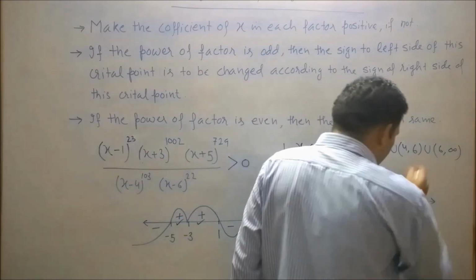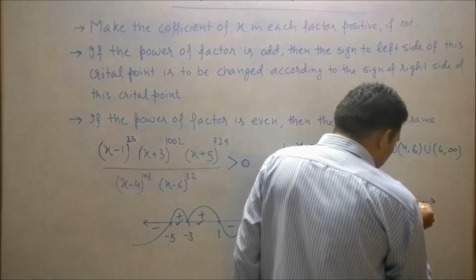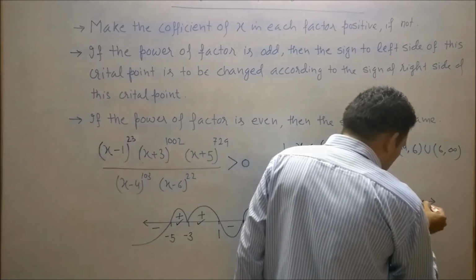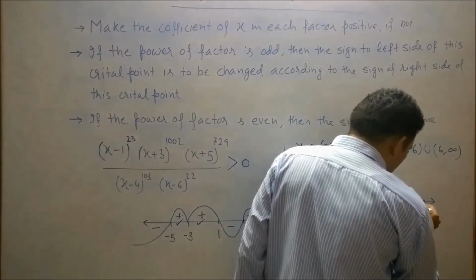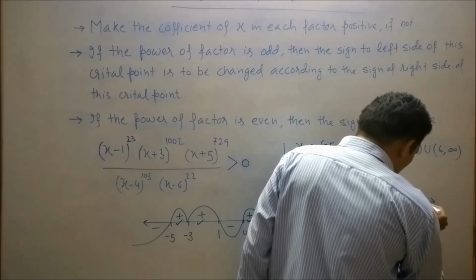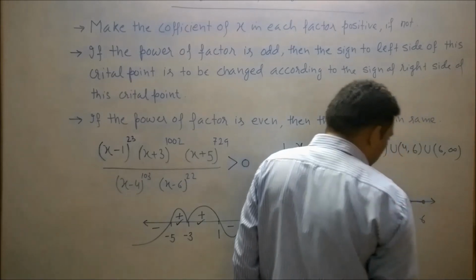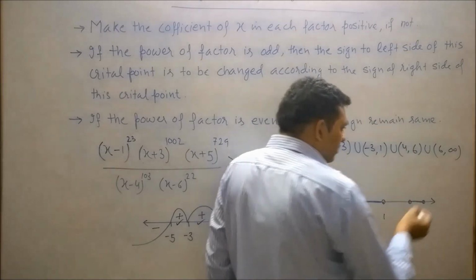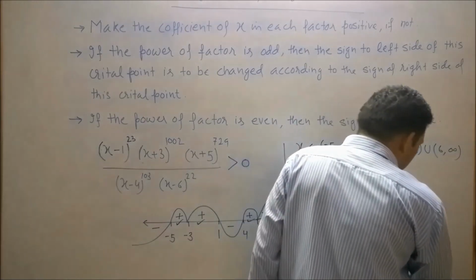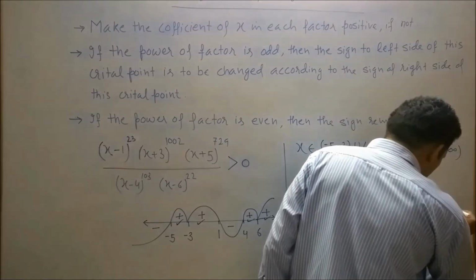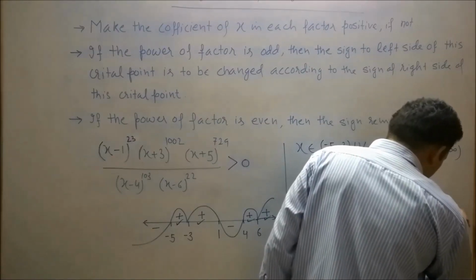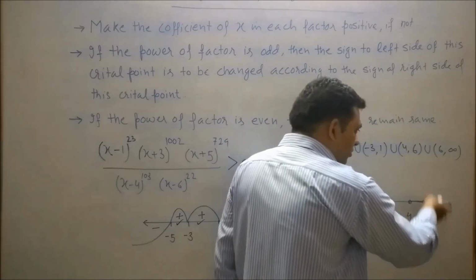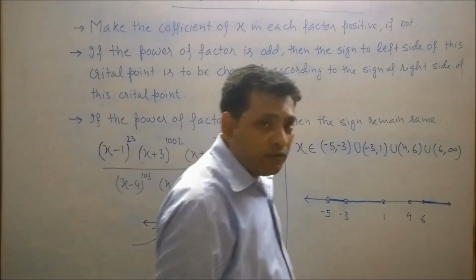Now 4 to 6. 4 and 6 are not included, so draw a hollow circle also here and dark this part of the number line. 6 to infinity, which means dark this line, and these numbers are the solution of the given inequality.